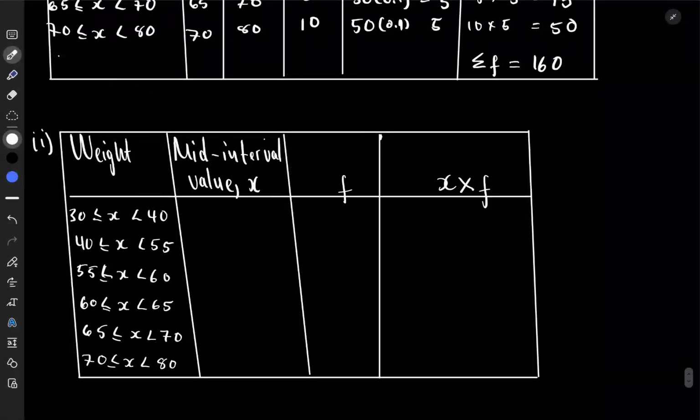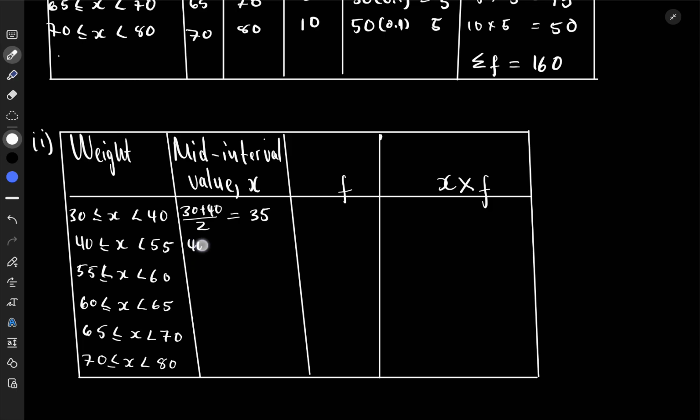Now, the mid values are easy because we know that these are the bounds themselves, so we don't even need to put the intervals because we know that this is a continuous scale. So that's why I didn't even put the boundaries. We can just calculate from here because I know it'll be 30 plus 40 over 2, which gives me my mid value of 35.